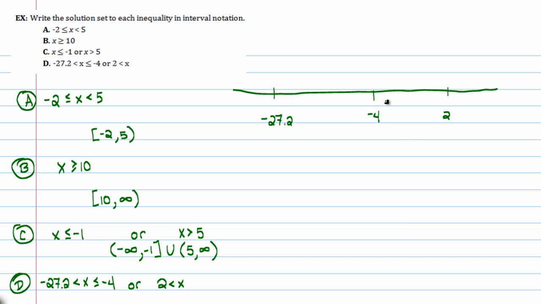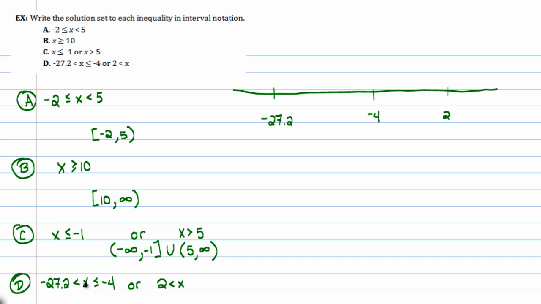In other words, notice the distance between -4 and 2 is not really that huge of a distance. It's only 6 units difference. And yet I have almost the same size looking distance between -4 and -27.2. Because I'm just quickly sketching this, I really don't care about how exact my number line looks, just as long as I have the numbers ordered properly.